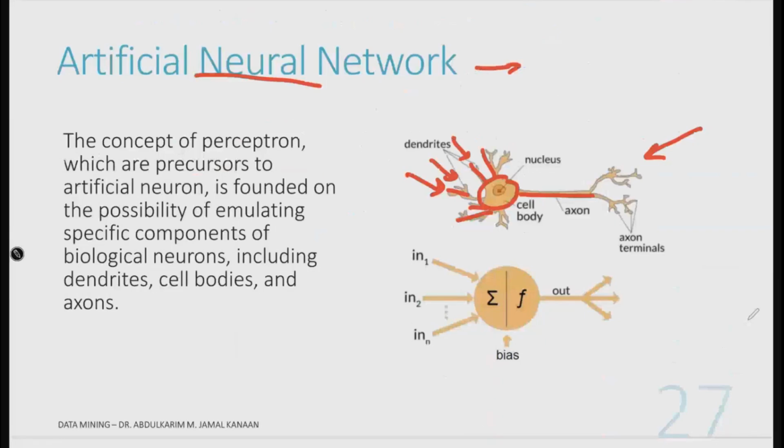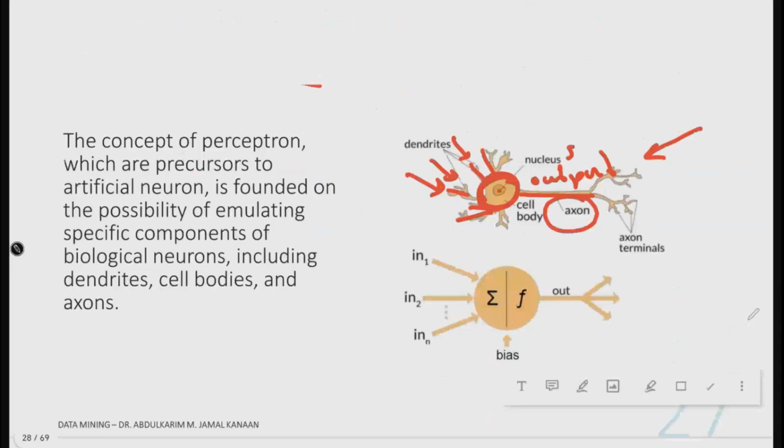The signal comes maybe from other brain cells, and then it does some chemical reaction, some calculation, some process, and then it gives you the output, which is the signal transferred through the axon. This axon eventually is linked to the terminals associated with another neuron.